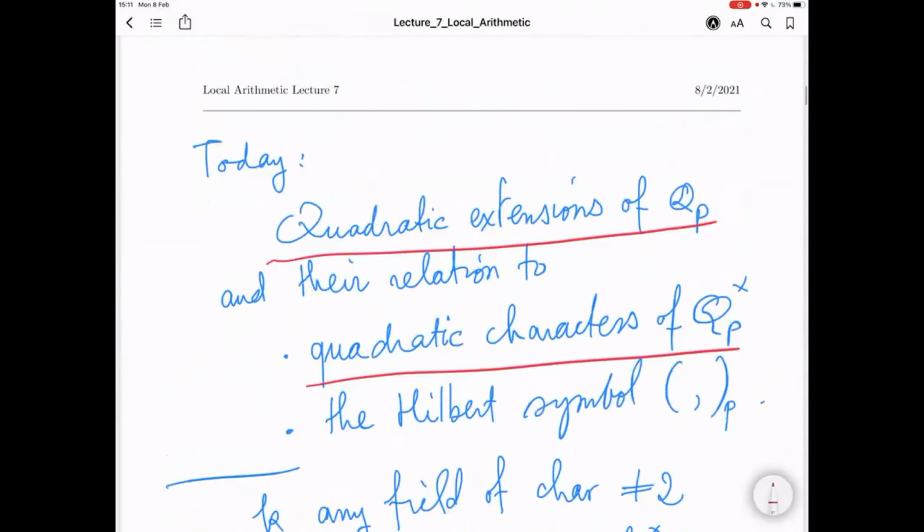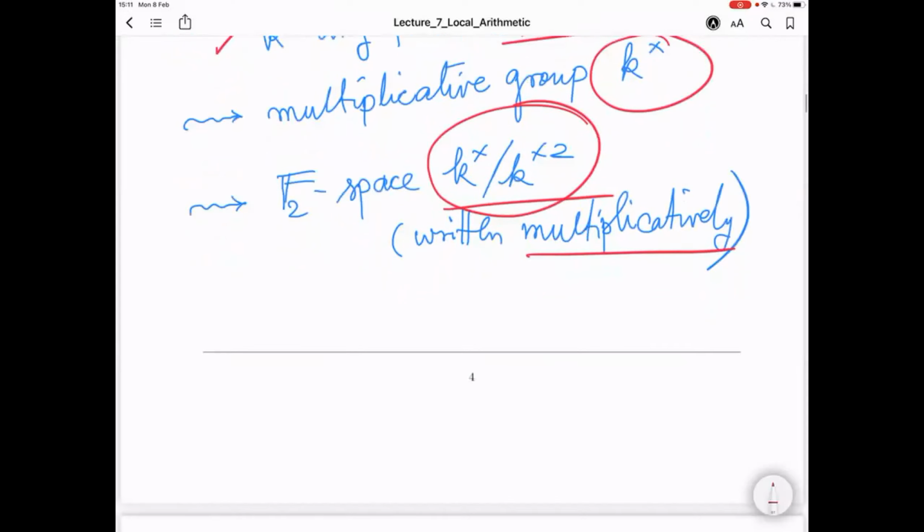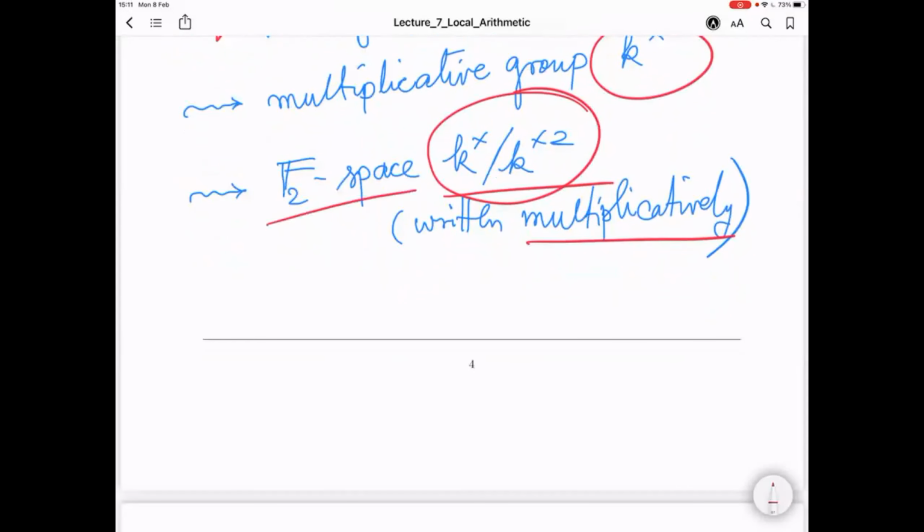Right. So now, for the time being, let K be any field of characteristic different from 2. Then we have its multiplicative group K star, and we can go modulo the squares in K star. So we'll get K star modulo K star to the power 2. Of course, this group has to be written multiplicatively, but one should think of it as a vector space over the field F2, the field with 2 elements.